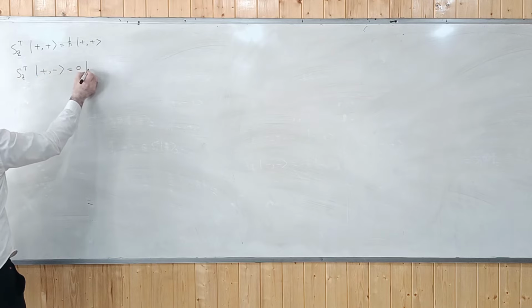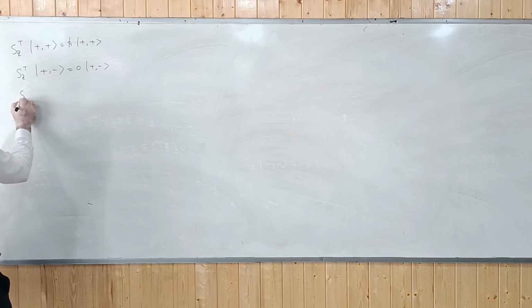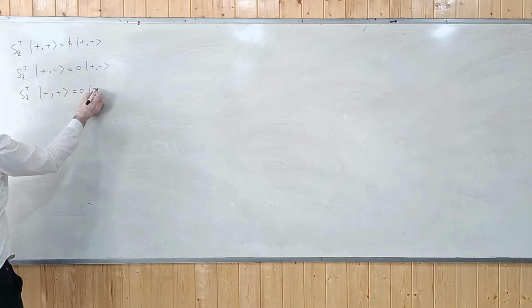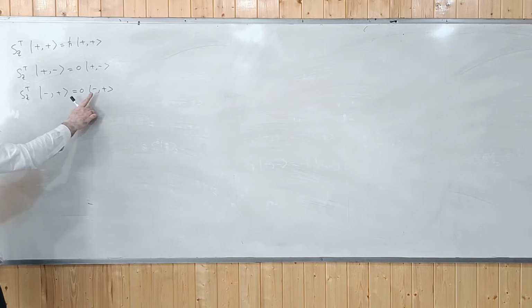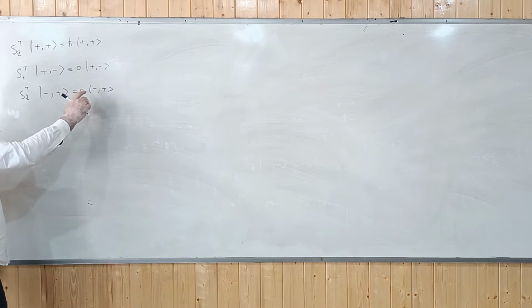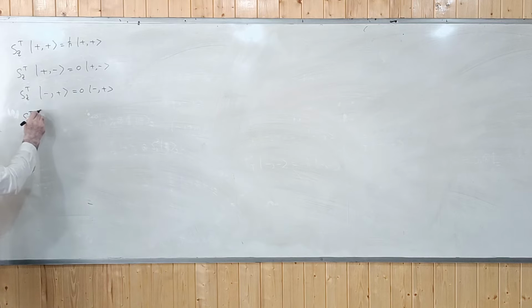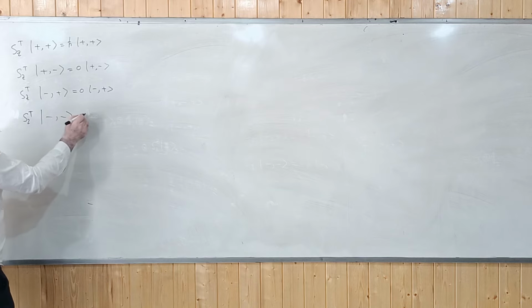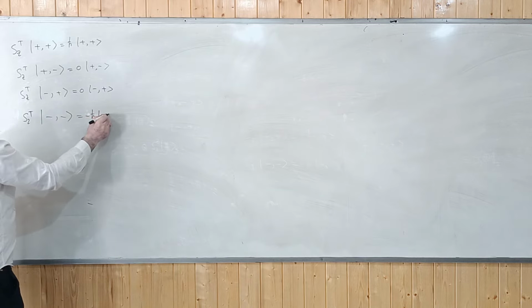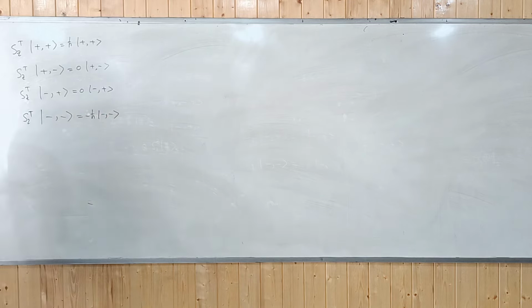It gives me 0 plus minus. If you have S_Z total acting on minus plus, it gives you 0 minus plus. I am keeping this as such, you can put 0. These are actually the eigenstates of this S_Z total. Similarly, S_Z total acting on minus minus gives minus H cross minus minus. Clear? Got it? Okay, so now let's take the general state.